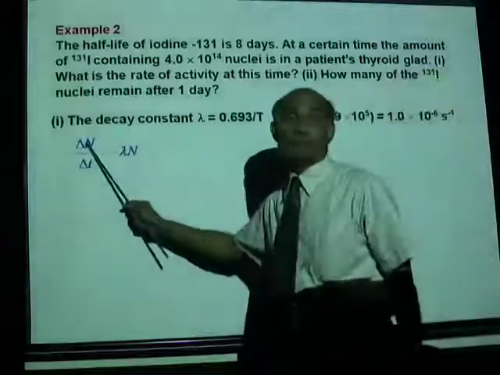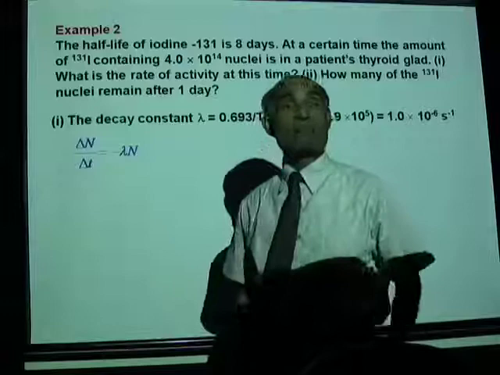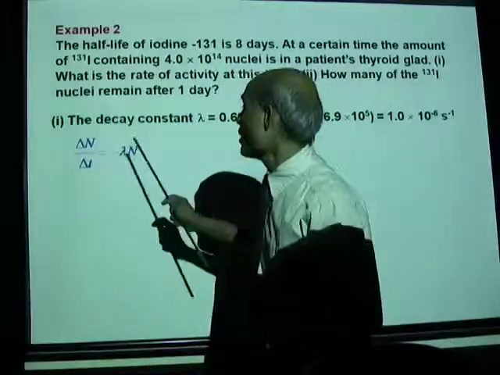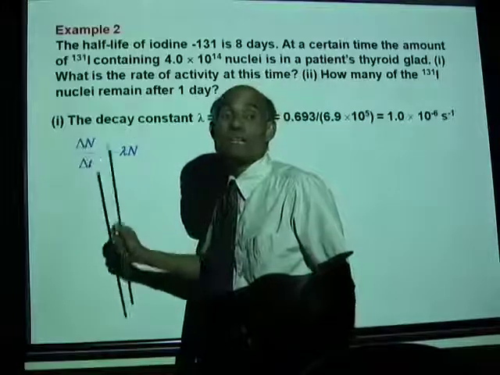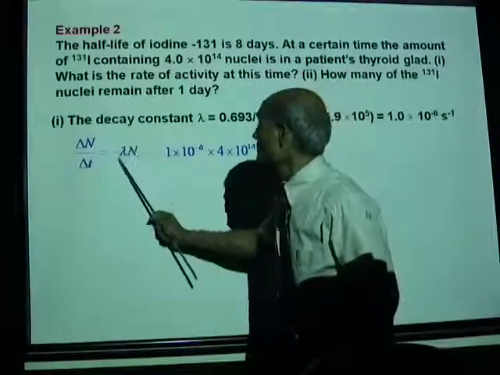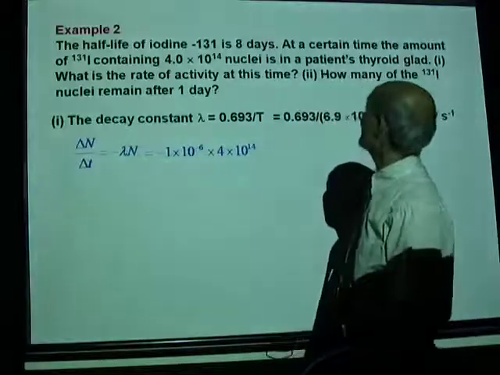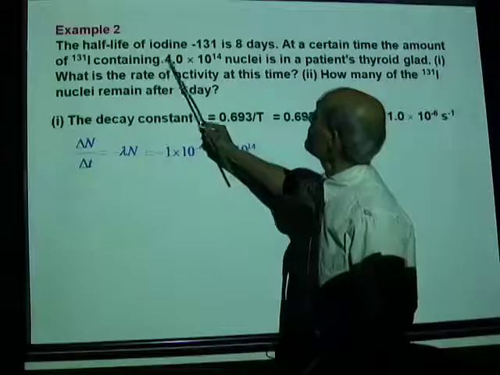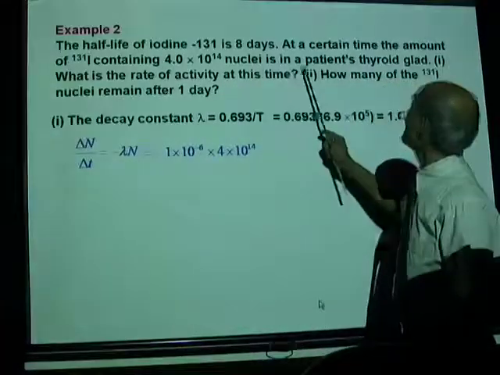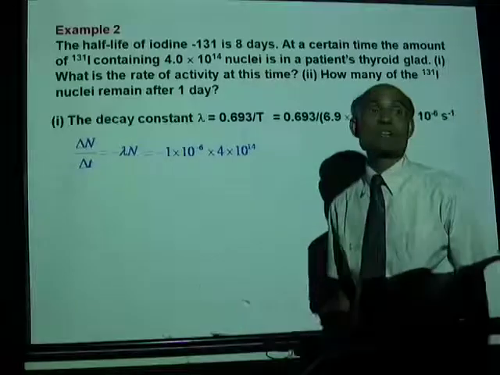Now, delta N by delta t is negative lambda N. The rate of decay is proportional to the original number, or dN by dt. We know the value of lambda and we know the value of N. We've got 4 times 10^14 nuclei contained in a patient's thyroid at a particular instant.